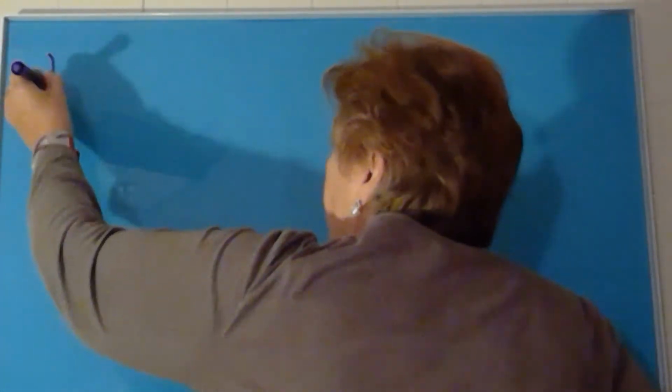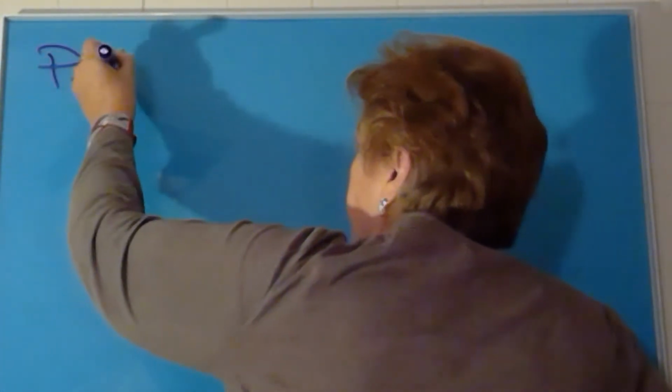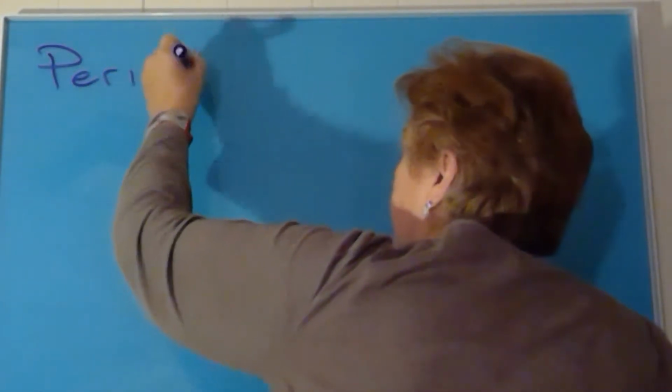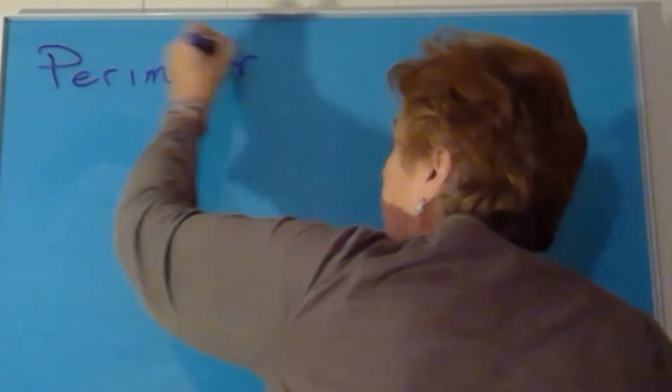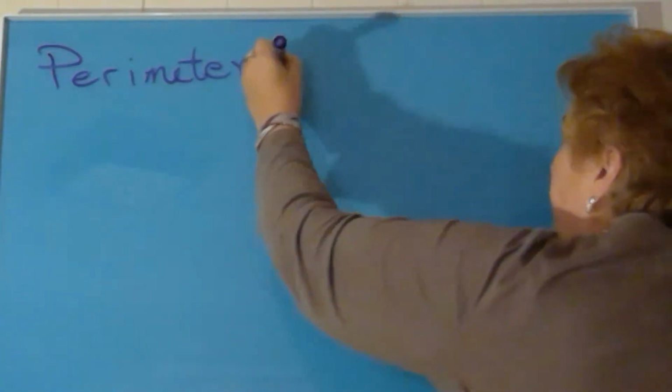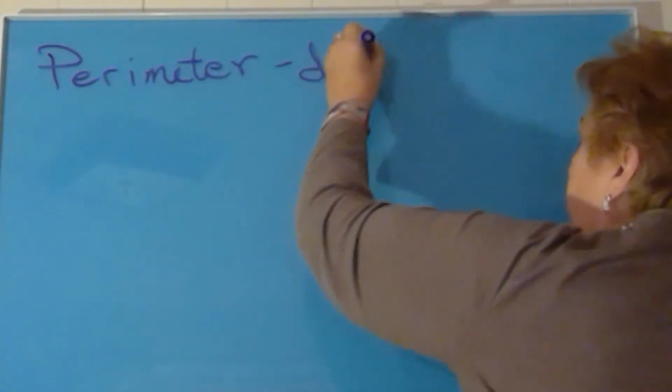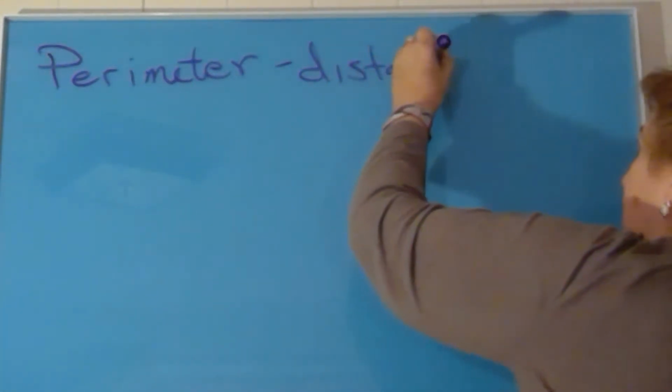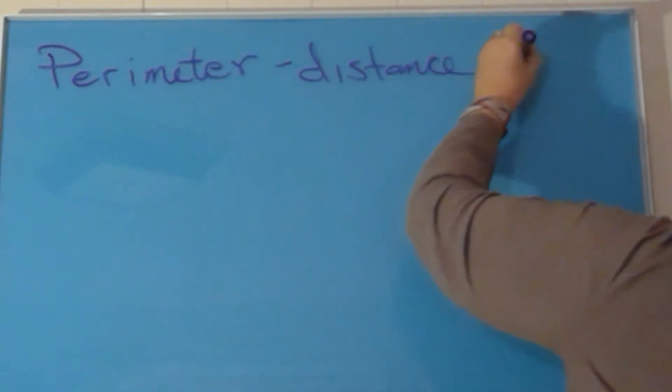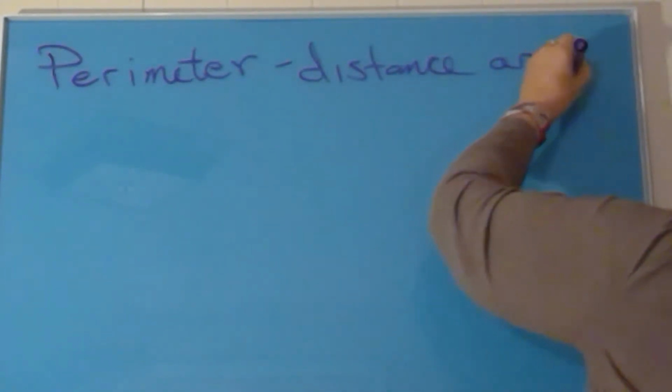First of all, with perimeter, perimeter is the distance around an object.